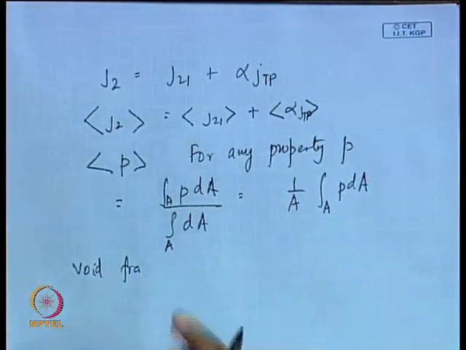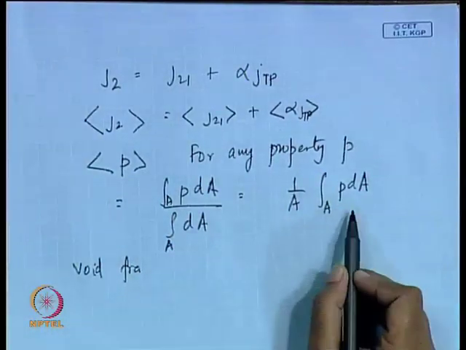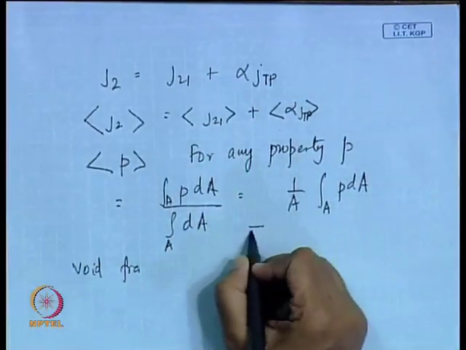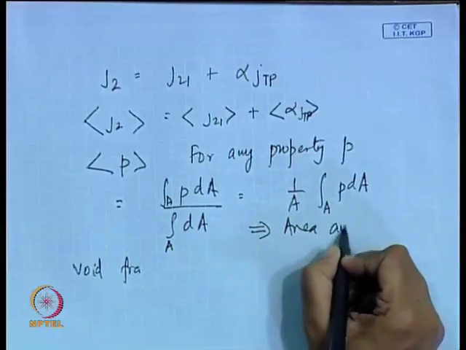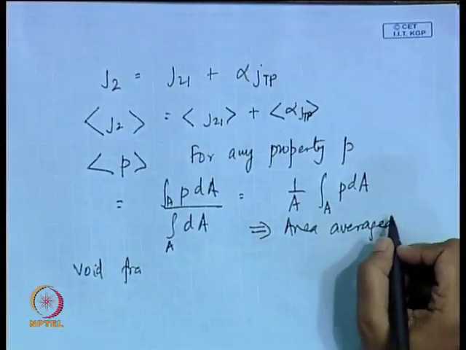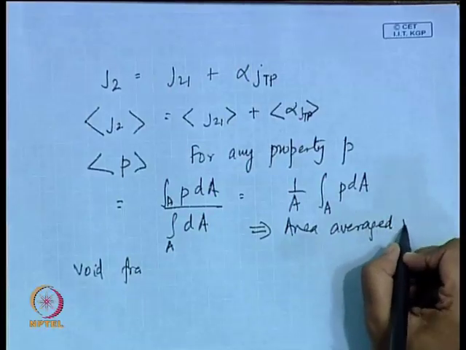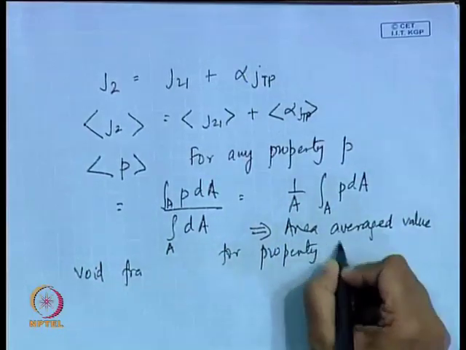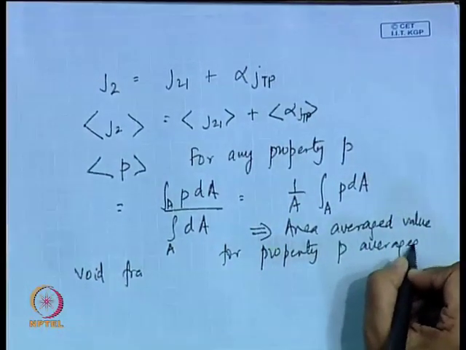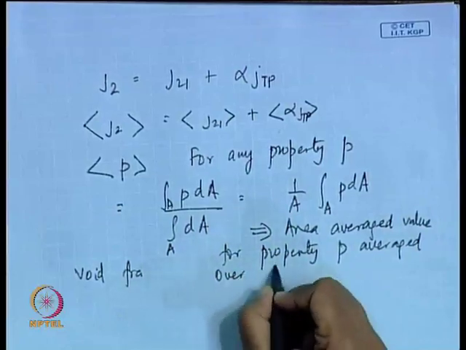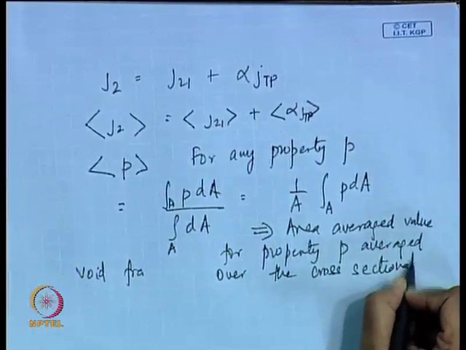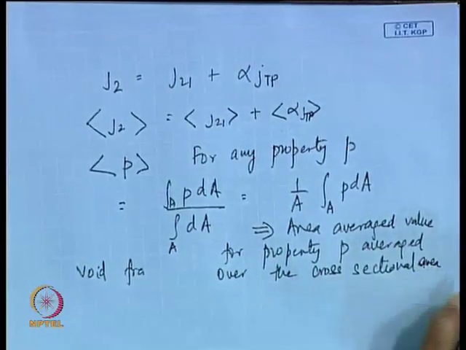For single phase flow, this is a sufficient definition: the area averaged value for any property P, averaged over the cross sectional area.